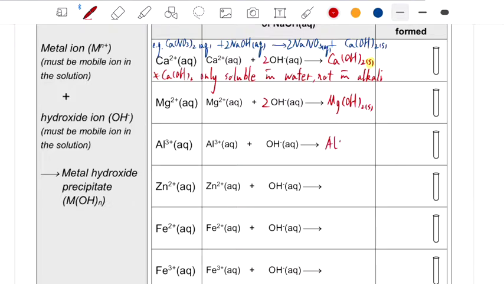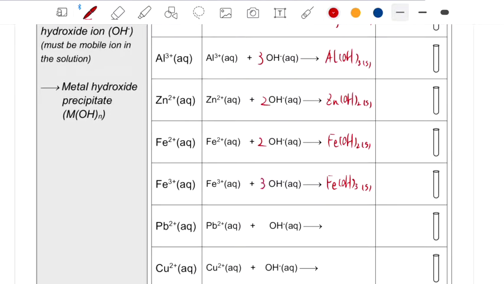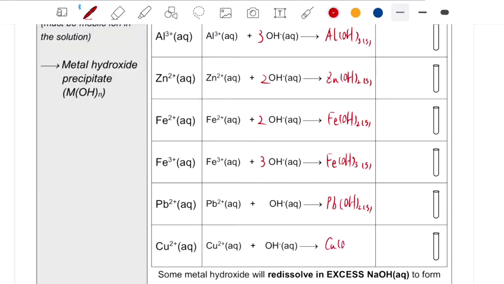The third one is aluminium hydroxide precipitate. Next we have zinc hydroxide. Then we have iron(II) hydroxide, then iron(III) hydroxide, then lead(II) hydroxide. Finally, we have copper(II) hydroxide.